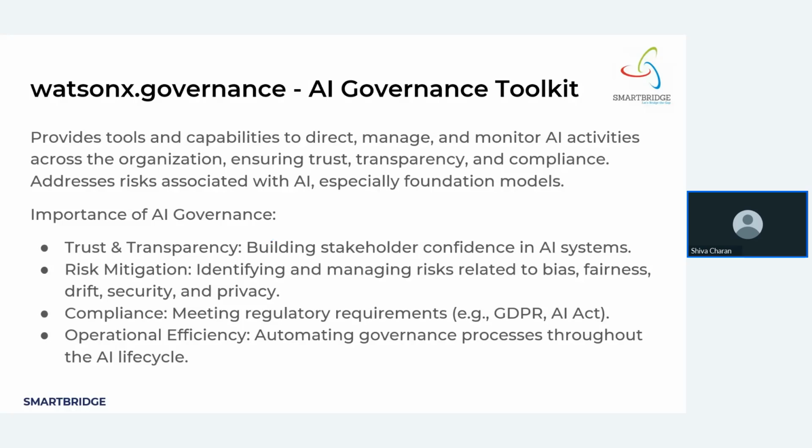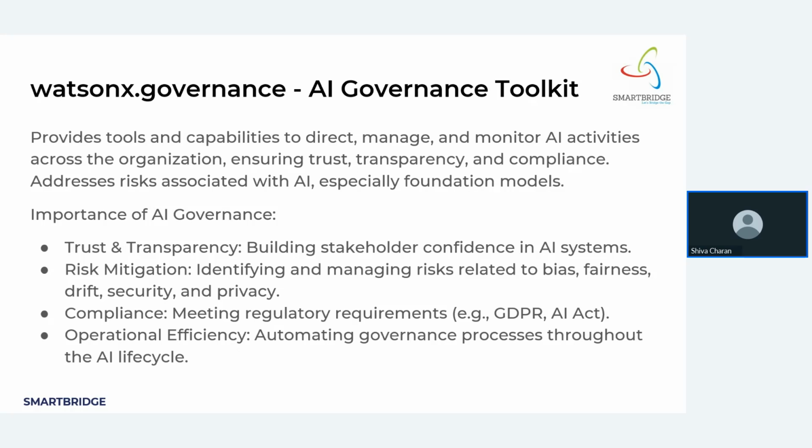Understanding governance is very important. In today's scenario, we were seeing agent-to-agent interaction, multiple agent interactions, so understanding AI governance is very important. The key areas are trust and transparency, risk mitigation, compliance, and operational efficiency. What is trust and transparency?